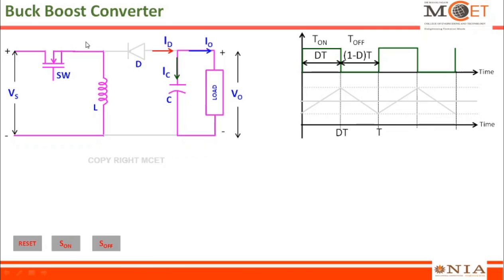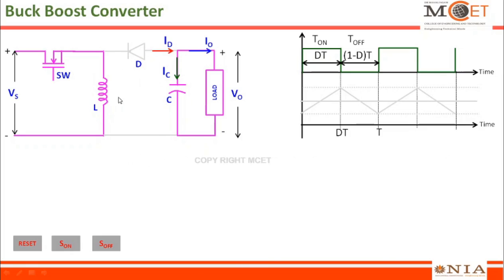You can see that the inductor and the switch are connected in series, and the inductor is now in the charging mode. The diode is in reverse bias, so it does not conduct, and this particular capacitance is responsible for delivering the power to the load.